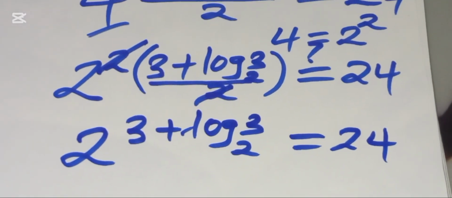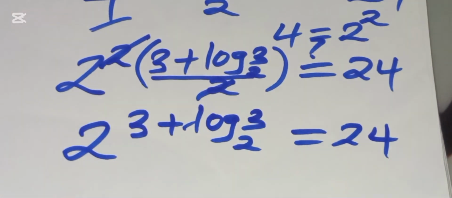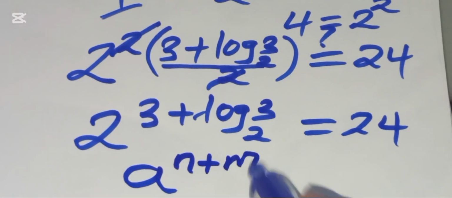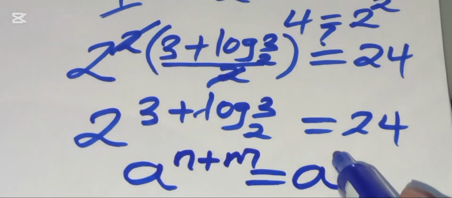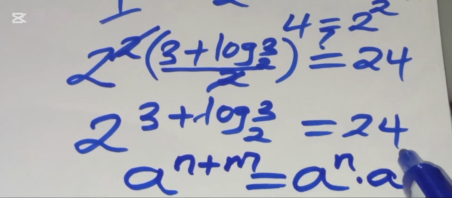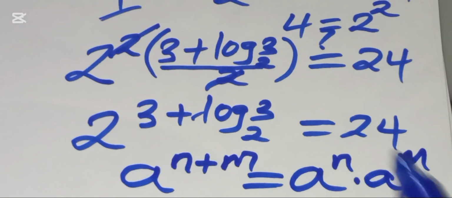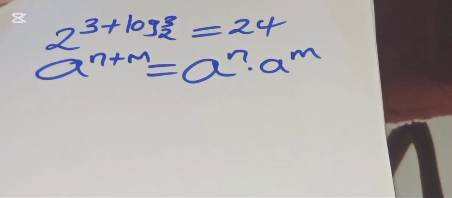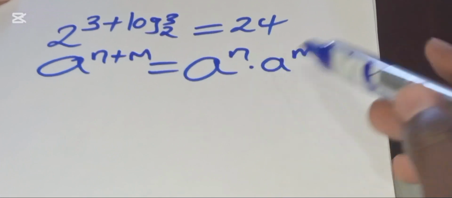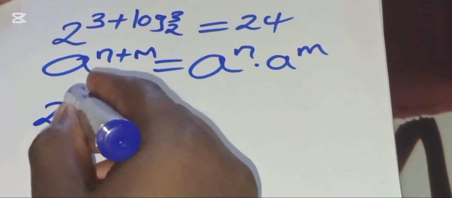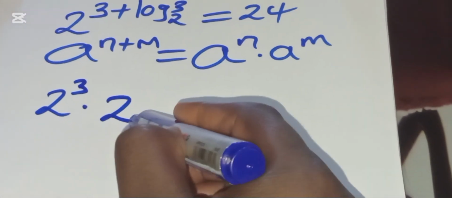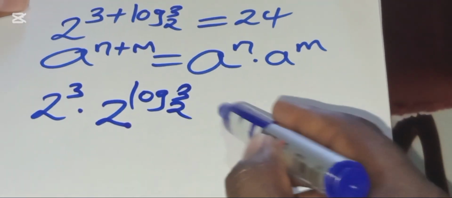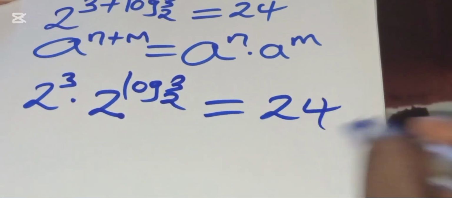Now 2 raised to power 3 plus log 3 to base 2 is in the form of a raised to power n plus m, which we can express as a raised to power n multiplied by a raised to power m. Applying this indices identity, we have 2 raised to power 3 multiplied by 2 raised to power log 3 to base 2. This should give us a value of 24.